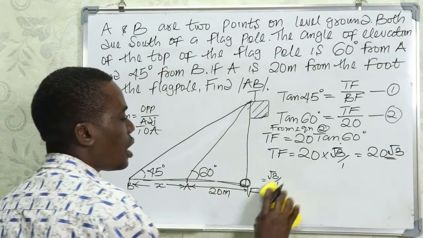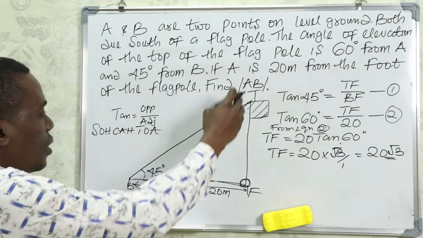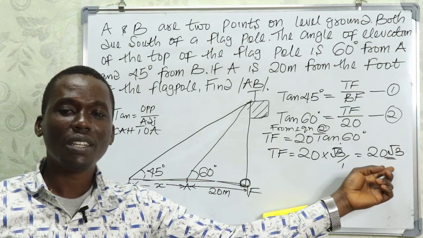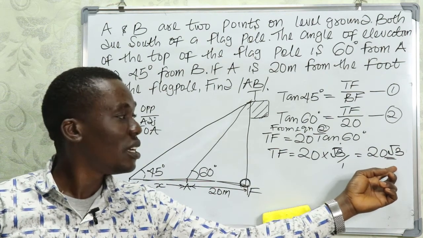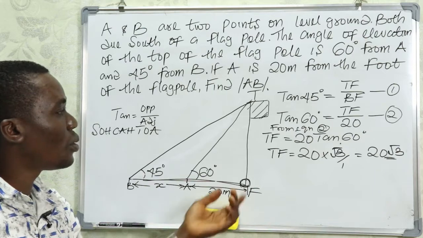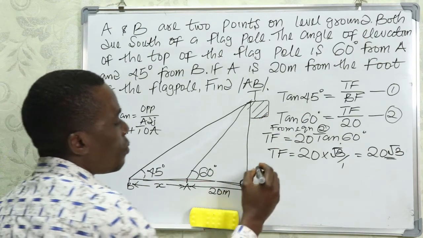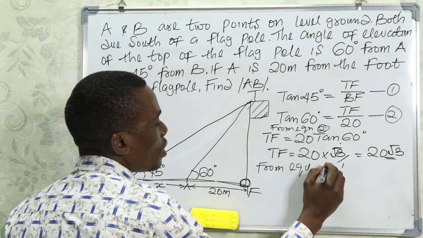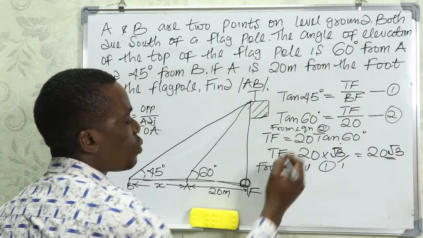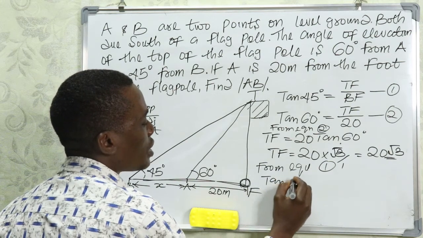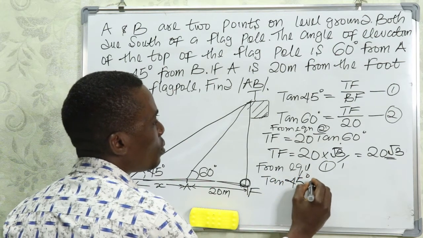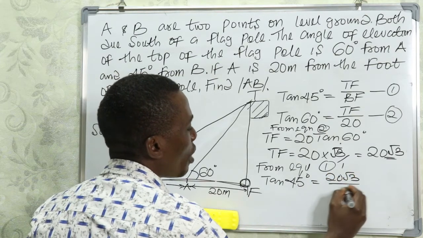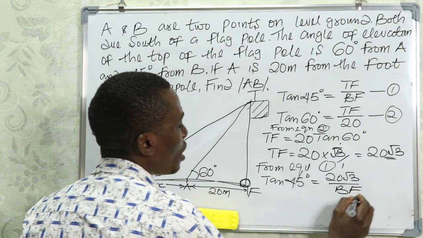Now do you notice that our TF, the height of the flagpole, is 20 root 3. Easily it has opened the gate for us. So applying equation 1, if we substitute TF into equation 1, we are going to have tan 45 degree equal to 20 root 3 over BF.